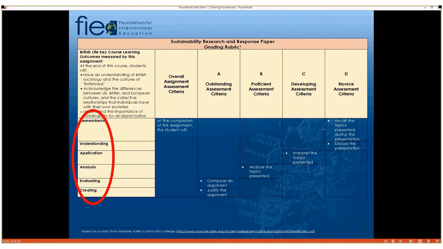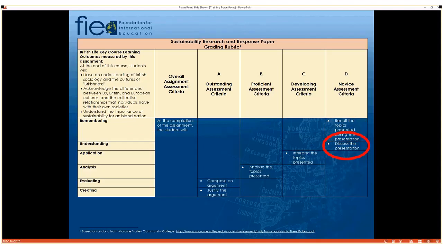There are Bloom's taxonomy and the various areas, remembering, understanding, etc. As a result of the completion of this assignment, so the Sustainability Research and Response paper, students will be able to recall the topics presented. And this ties directly back to the Bloom's remembering taxonomy.